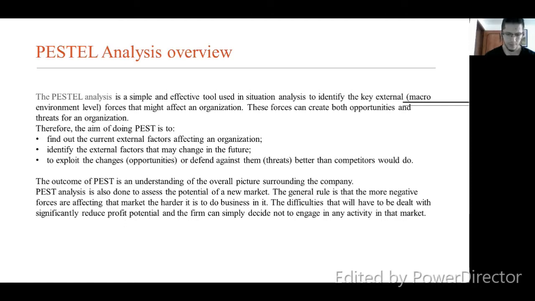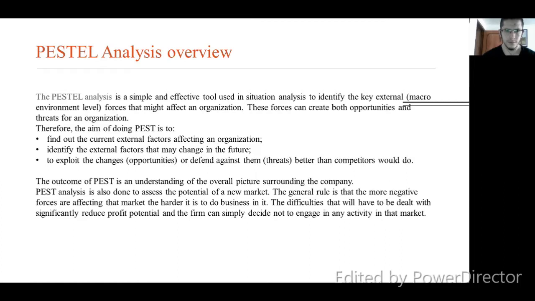And then, of course, the aim is to exploit the changes or opportunities or defend against them, threats, better than your competitors will do. And this, of course, is for your competitive advantage.